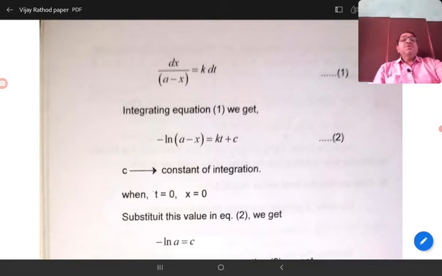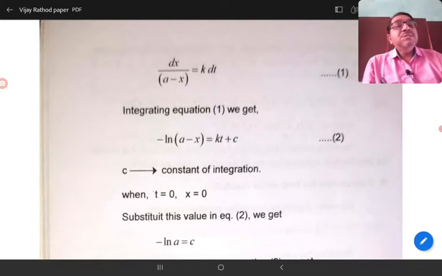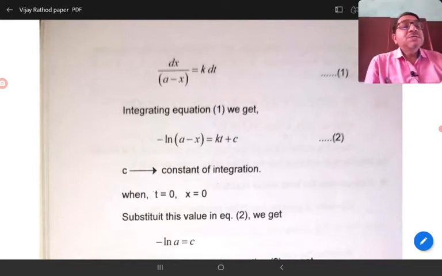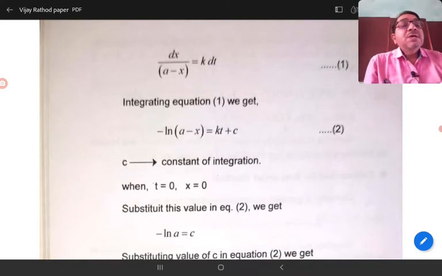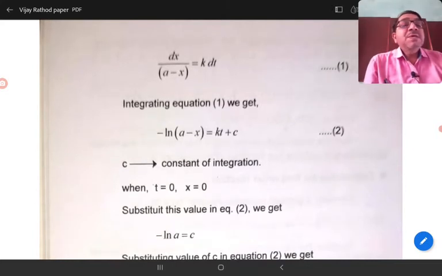Now consider the initial concentration a at time t equal to 0, that is, when the reaction is just going to start, we have not started but are just at the starting point, when the time is 0.